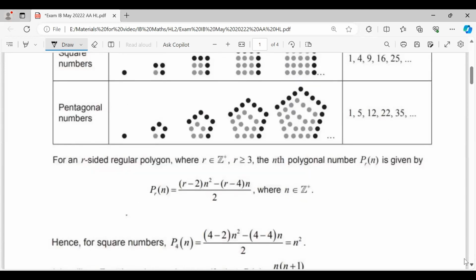Hence, for square numbers, P_4(n) equals ((4 minus 2)n squared minus (4 minus 4)n) over 2 equals n squared. So if r equals 4, this function will be n squared.